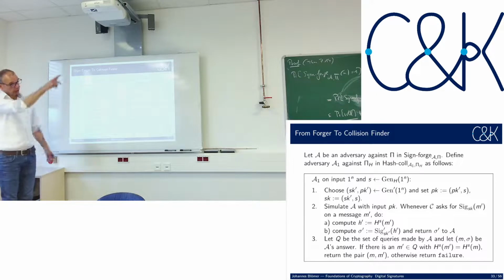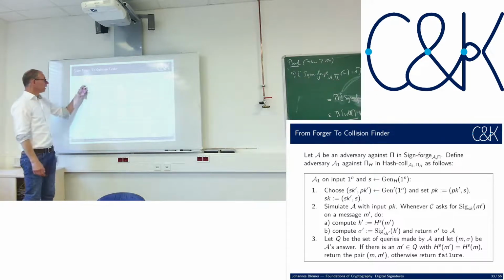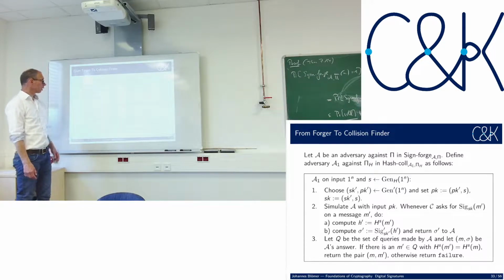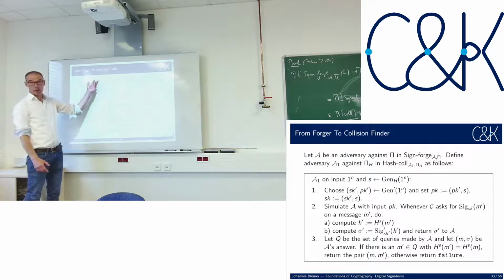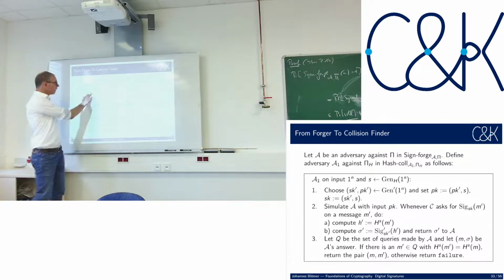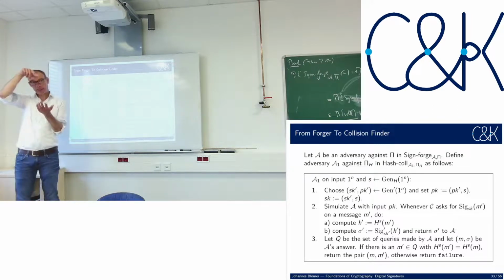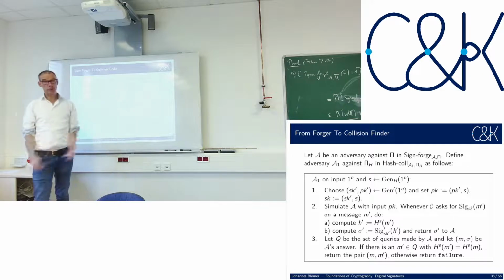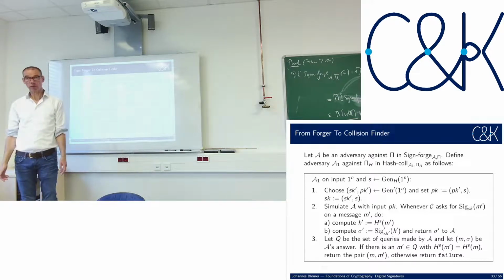Let A be our fixed but arbitrary adversary against pi in sign forge, and then we define pi h at hash collision as follows. We can use this as a subroutine as usual. So A1 on input 1 to the n also gets the key for the hash function, which is generated using the key generation algorithm of H.